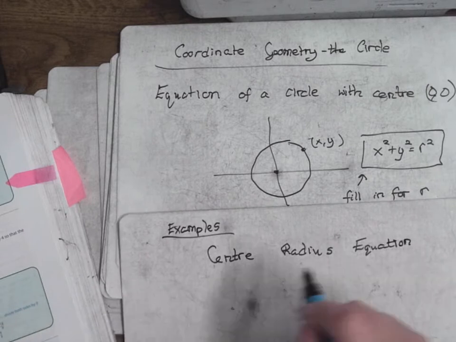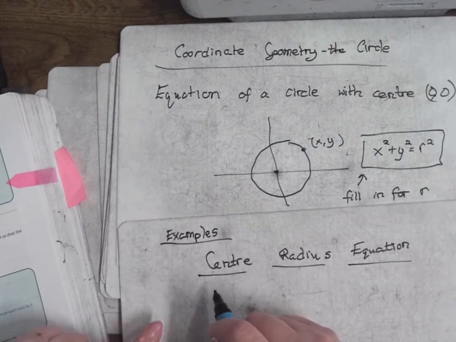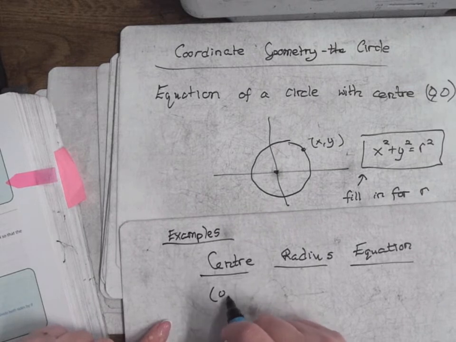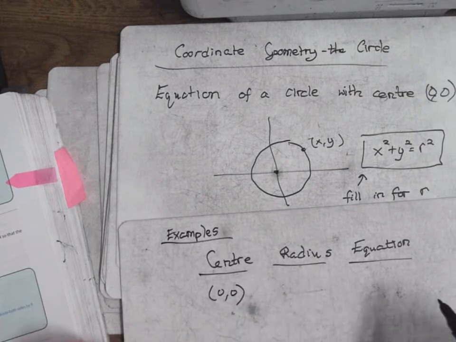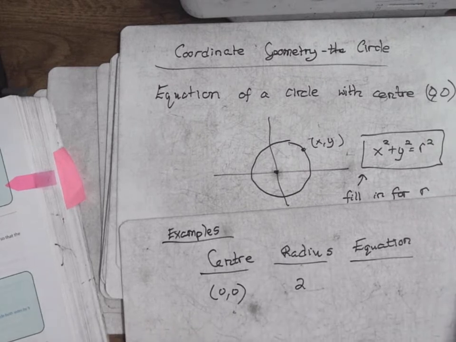So as I say, all of these circles in this section, they all have centre 0, 0, right? The radius, we'll start with a radius of 2. What's the equation of that circle?